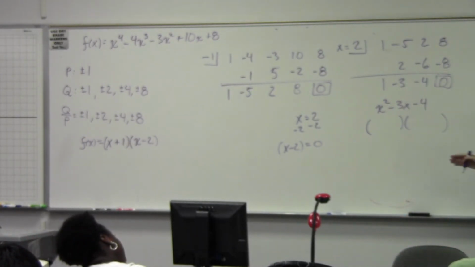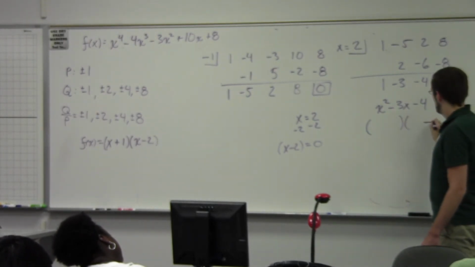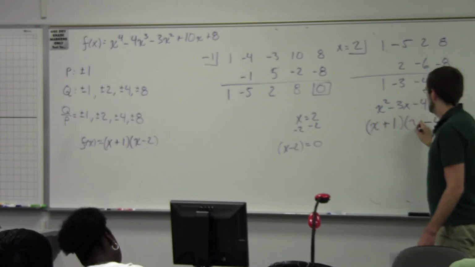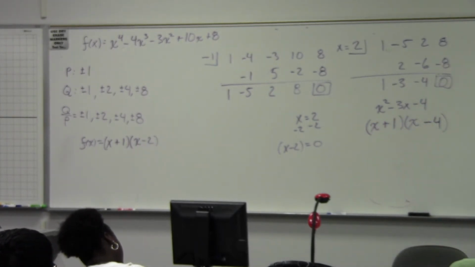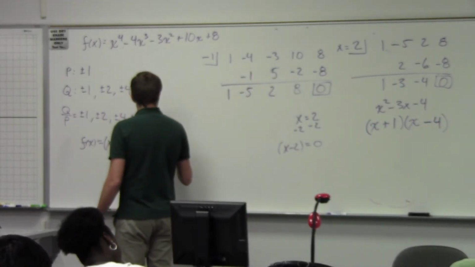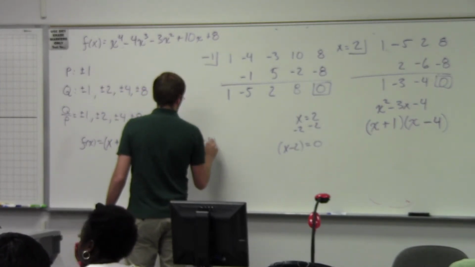All right, so what 2 numbers multiply to give me negative 4 but add to give me negative 3? How about 1 and negative 4. Right? And so these are my other 2 factors. Minus 4. Cool.